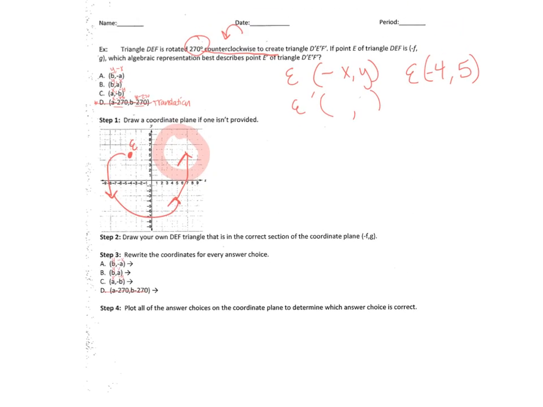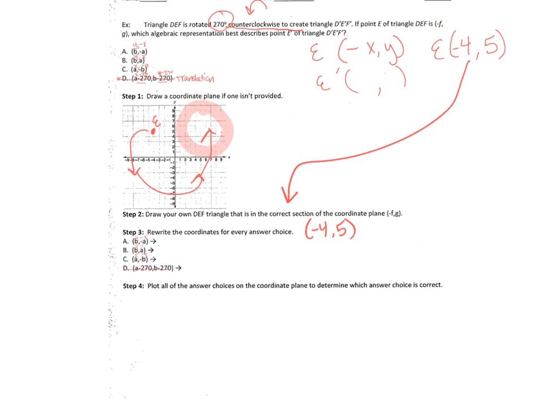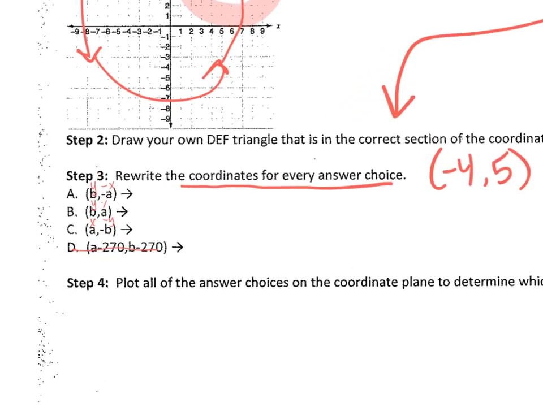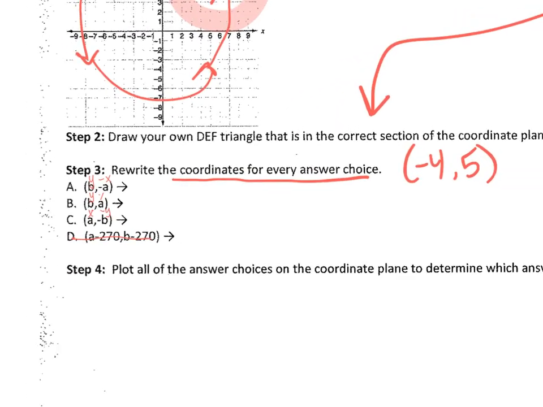Okay, so if E originally is negative 4, 5, let's write that down over here. Negative 4, 5, and remember we just made that up so we can test it on our graph. So let's rewrite the coordinates for each answer choice. If we take negative 4, 5 and use answer choice A, so it says Y, negative X, that means these flip.